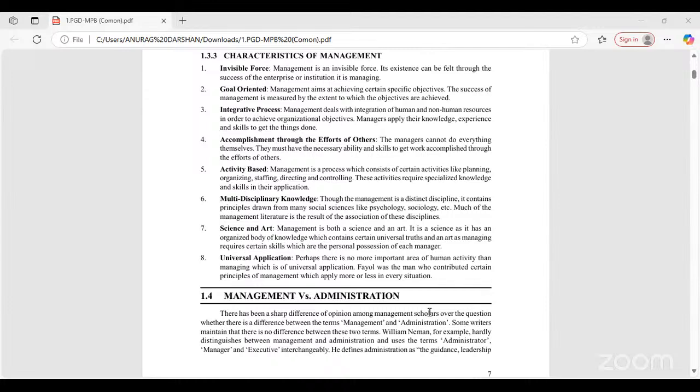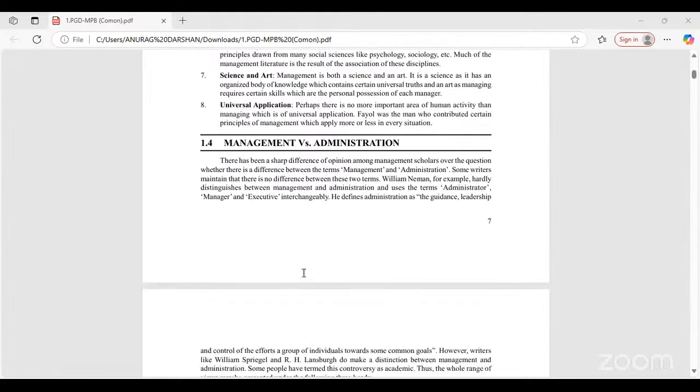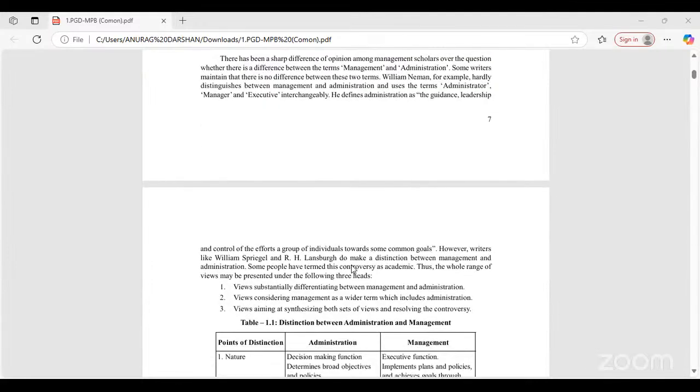Because it contains principles drawn from social sciences like psychology, sociology, etc. And it is also of universal application. As per Henry Fayol, the father of management, the man who contributed certain principles of management, these principles can be applied in almost all the situations in an organization.